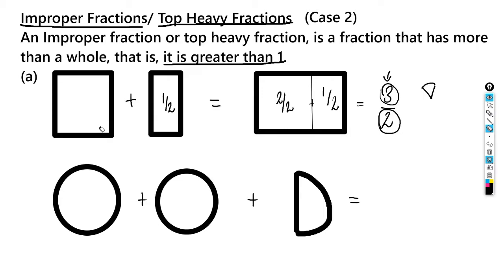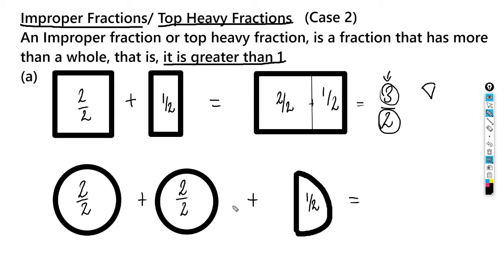Let's look at the 2 circles down the bottom. All right. Let me just put 2/2 here. So for this circle, it's the same thing. We'd have 2/2, right? And this circle is also 2/2. And this is half of a circle here, so let's call this a half, right? And we're going to add all these 3. So we're going to end up with 2/2 plus 2/2 plus a half.